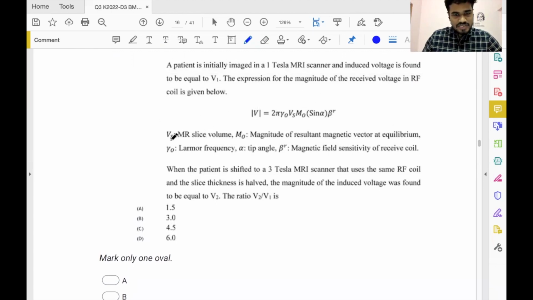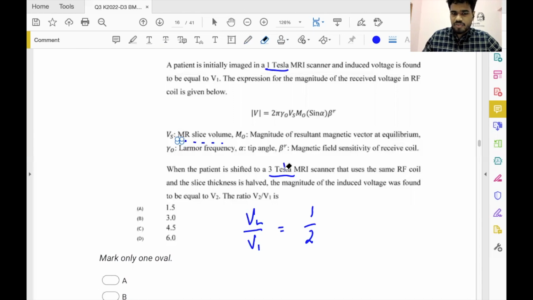Yeah, this question is a simple question. It looks actually very complicated. I thought this was one of the hardest questions. So the volume of the slice is being halved. So V2 over V1, one of the factors becomes half, the volume becomes half. And this is 1 Tesla and 3 Tesla. Be careful of that, whether it's 1.5 Tesla or 1 Tesla, 3 Tesla.